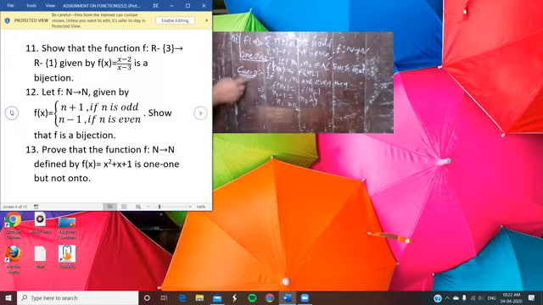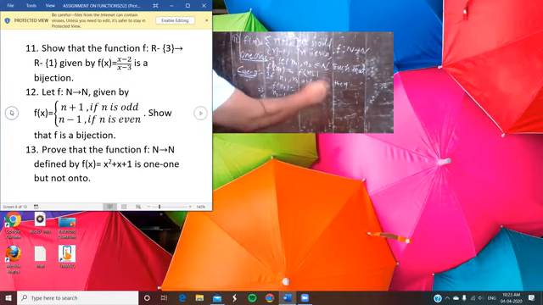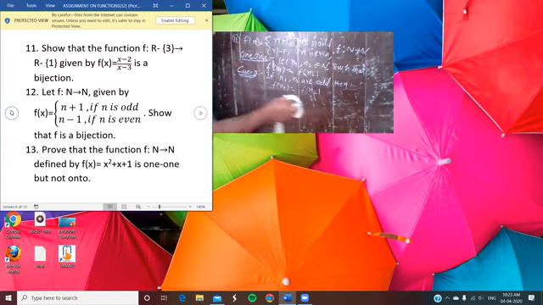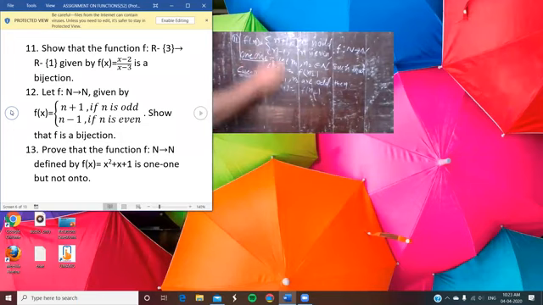In the second case, if n1 and n2 are odd, then f(n1) is equal to f(n2) implies n1 plus 1 is equal to n2 plus 1, 1 is cancelled out, and finally you have n1 is equal to n2.